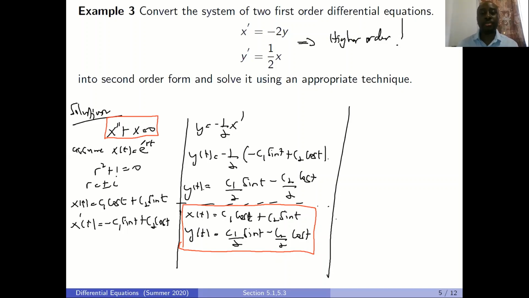And so, towards the end of this lecture, we'll look at alternative methods that can be applied to directly solve systems of equations. But if you have 2 equations, 3 equations, even 4 equations sometimes, you can conveniently convert them to higher order equations and then use the characteristic equation to solve.